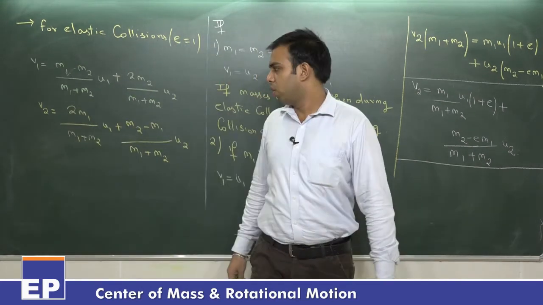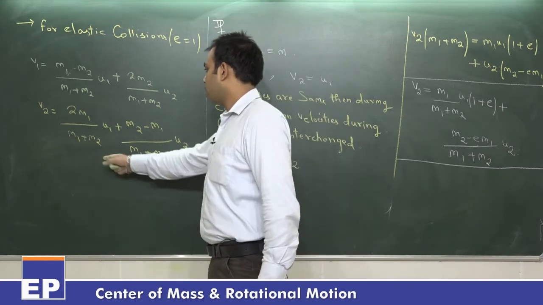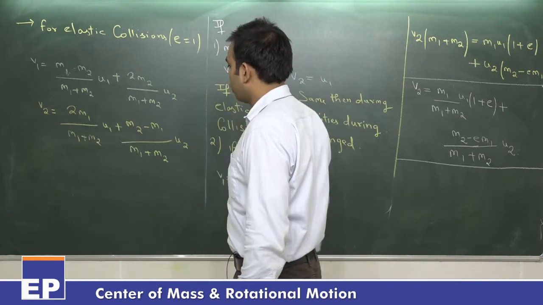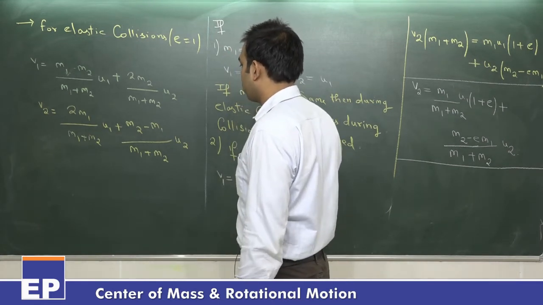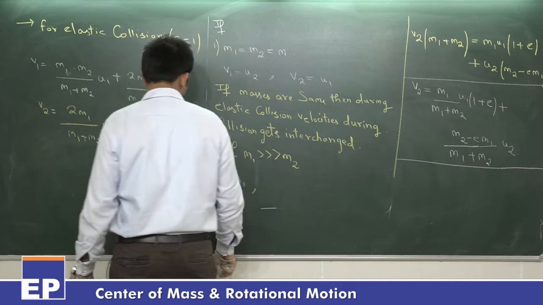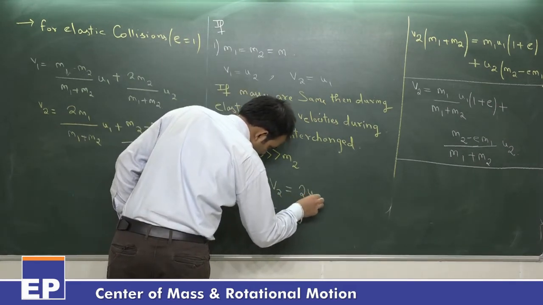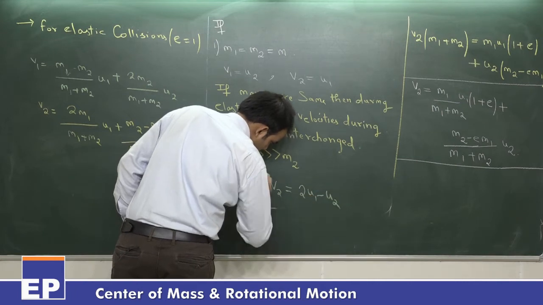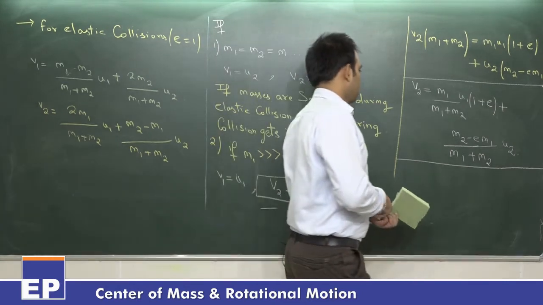But if we calculate the value of v2 in this case, अगर m1 m2 से बहुत बड़ा है, ये m1 बचेगा, m1 से m1 कैंसिल हो गया, यहाँ क्या बचेगा, माइनस ऑफ m1 बचेगा, माइनस m1 और नीचे m1 तो कैंसिल होगा, तो that will become 2u1 minus u2. तो ये भी हम डायरेक्टली ध्यान में रख सकते हैं.